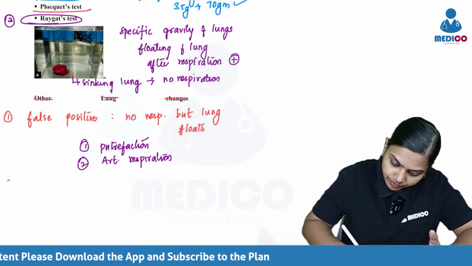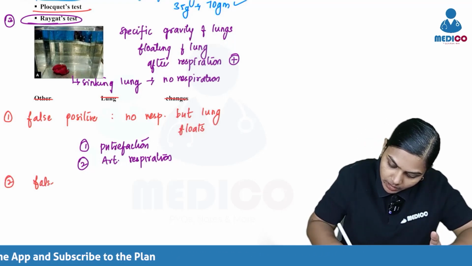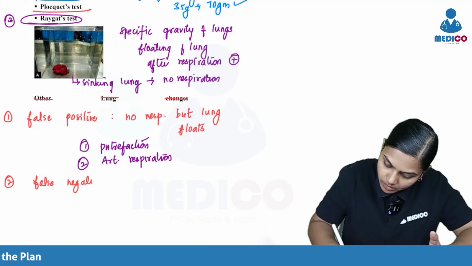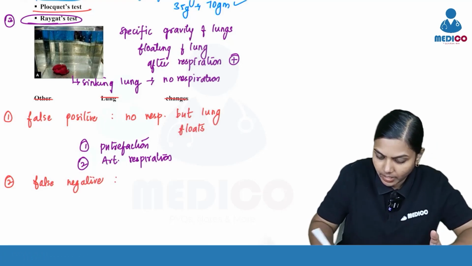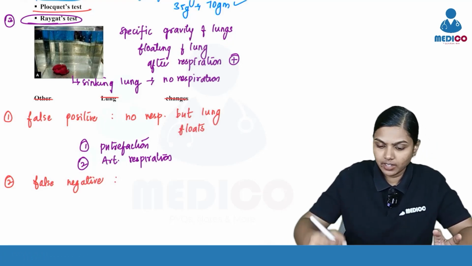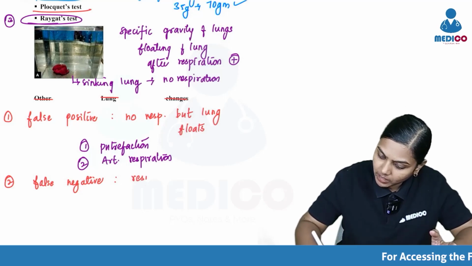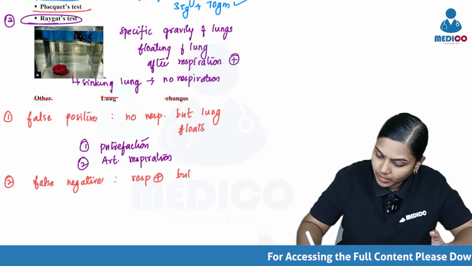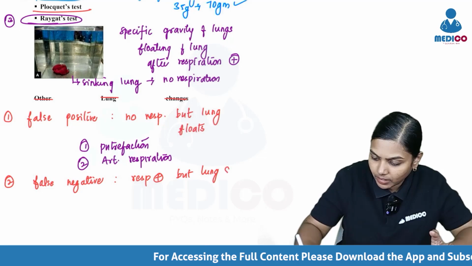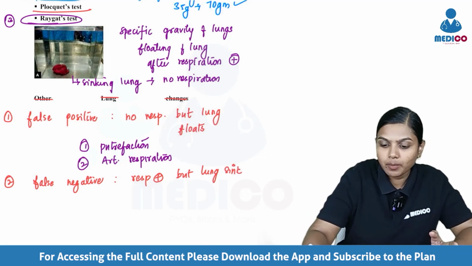Next, false negative. Here respiration had taken place, but lung sinks. This happens where?